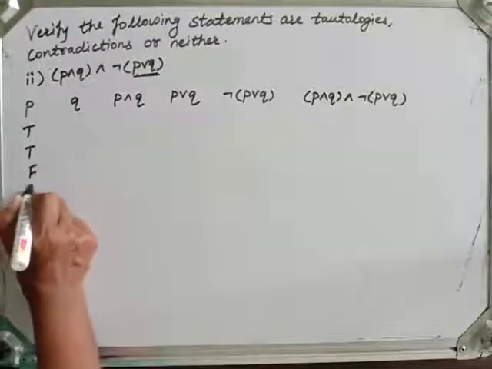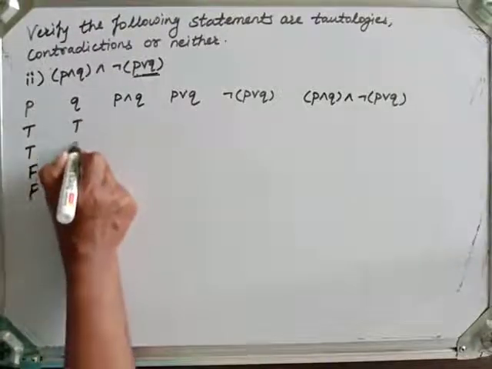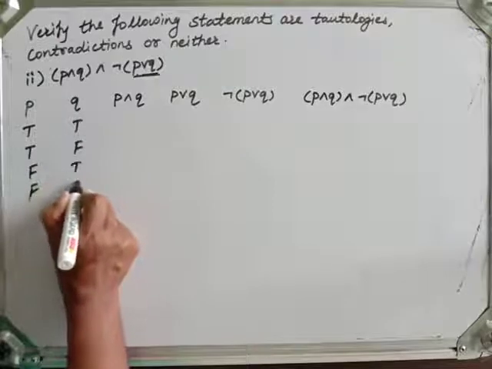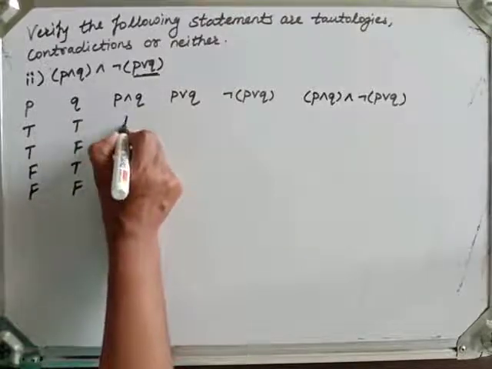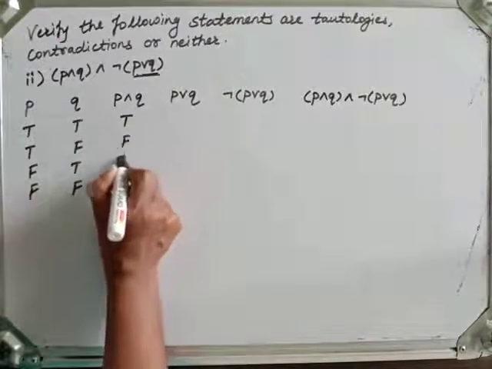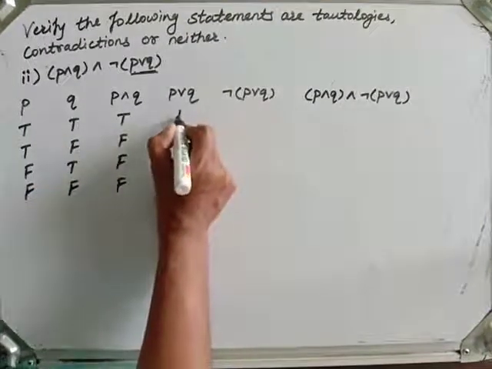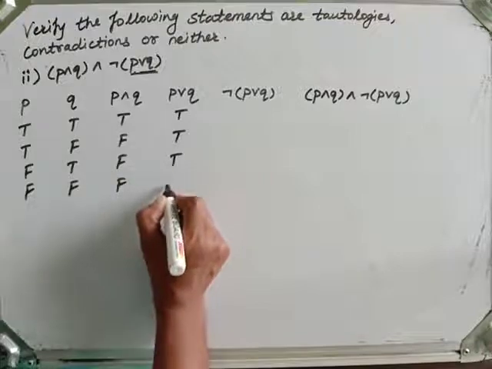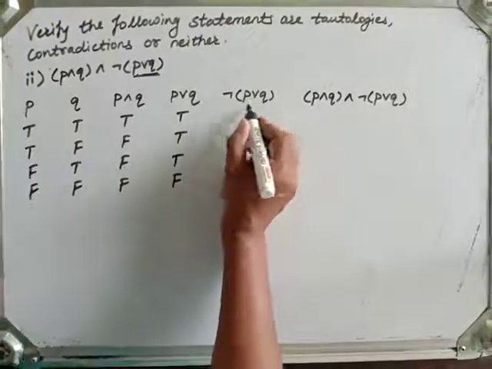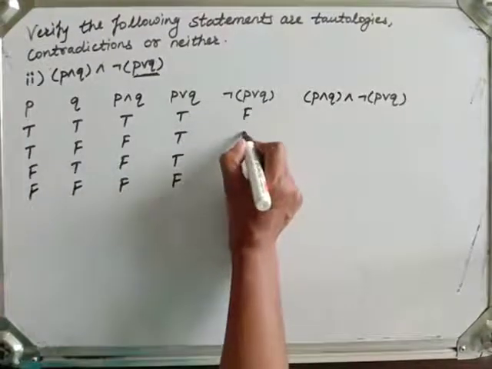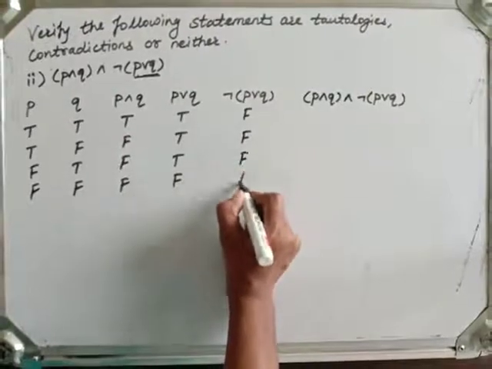Again the possibilities are true true, false false, true false, true false. Now P and Q gives true, false, false, false, and P or Q gives true, true, true, false. Negation of P or Q gives false, false, false, true.